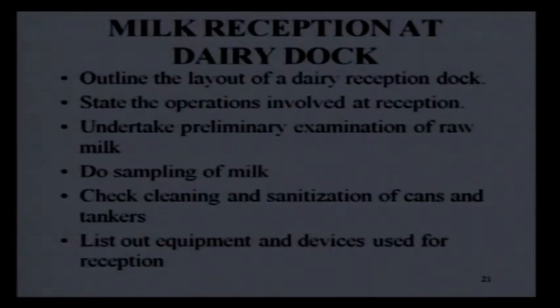What are the operations involved at the reception, and then you can take the preliminary examination of raw milk, sampling of milk, cleaning and sanitization of can and tankers, list out equipment and device used for reception. Now layout and equipment is very important, particularly now when the Food Safety and Standard Act has come into the picture.